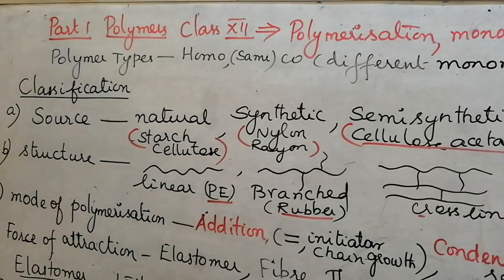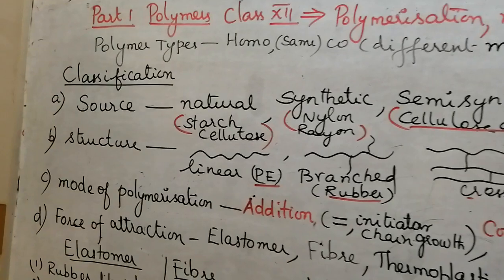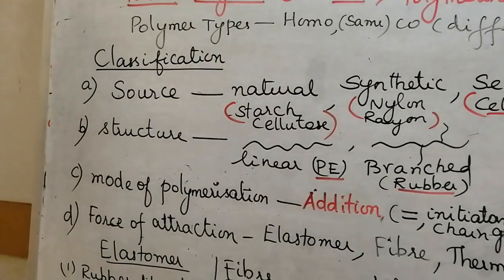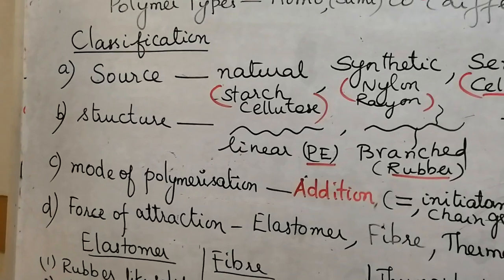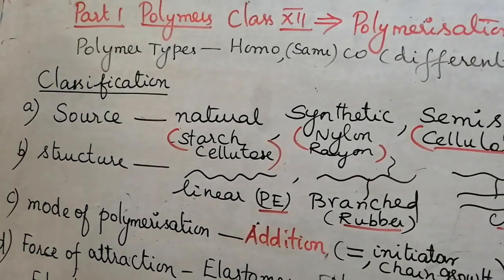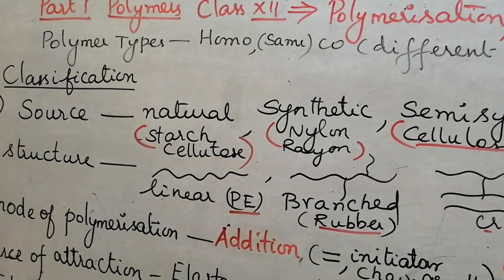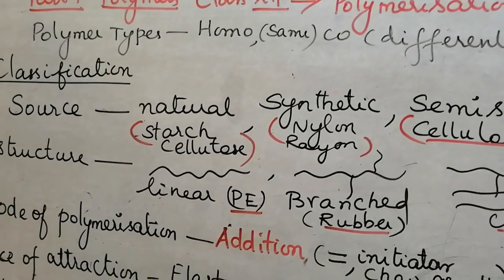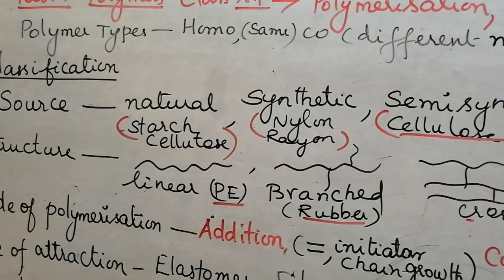Now let us see the classification of the polymers on the basis of source, structure, mode of polymerization and force of attraction between the molecules. On the basis of source, if the monomer is obtained from a natural source, then the polymer is called a natural polymer, for example starch and cellulose.